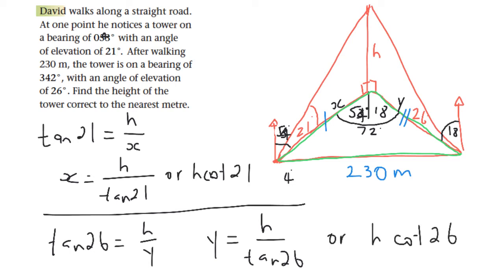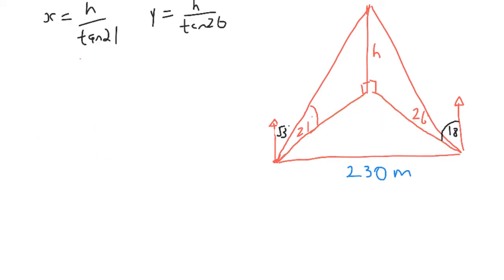I'm going to use these values to find a cosine rule expression, and then find our value for h. I've simplified everything down that we're going to need to solve this problem. We also needed that angle there was 72 degrees. Now we're going to use the cosine rule and substitute in these expressions for x and y to get just h into our expression, and then make it the subject to solve.